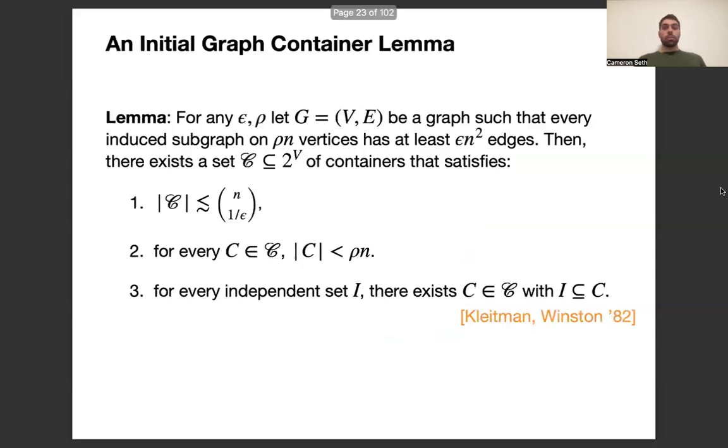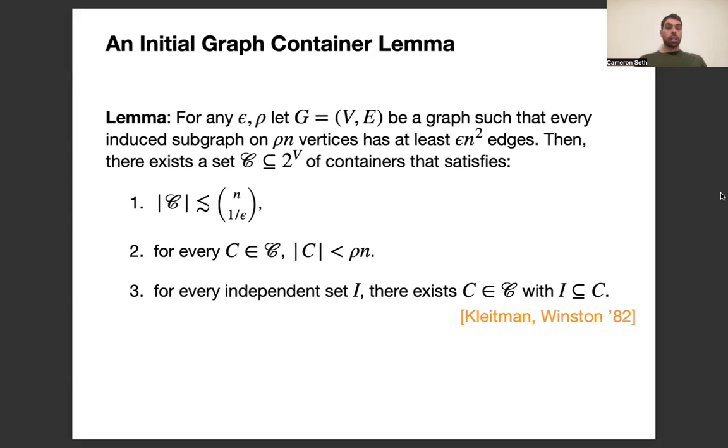So a little bit more formally, the first time this container method was used was by Kleitman and Winston, although they didn't phrase it like this, but this is roughly what they showed. So if a graph is epsilon far from having a rho n independent set, then there exists a collection of containers where this collection is going to be a subset of the power set, which we denote by 2 to the power of V. So each container is a subset of vertices, and the collection is a subset of the power set that satisfies these 3 properties.